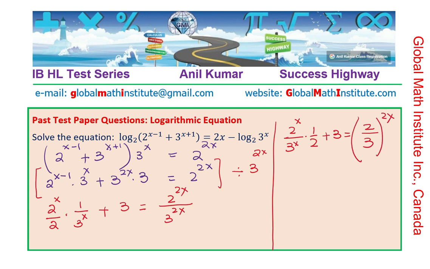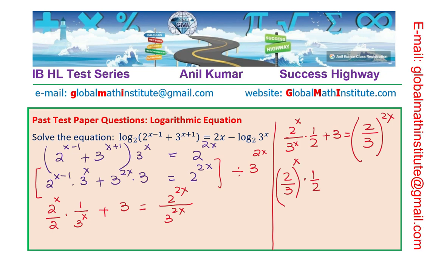You see that? So basically you could rewrite this as 2 over 3 to the power of x times half, right? Plus 3 equals 2 over 3 to the power of 2x.